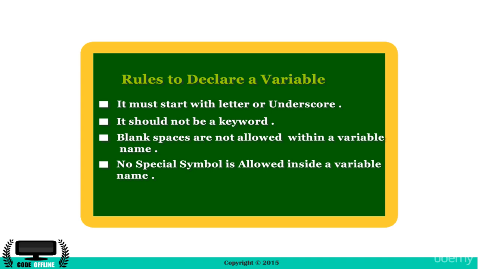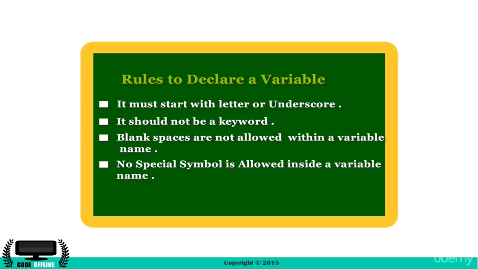There are certain rules to declare a variable. It must start with a letter or underscore. As we declared the variable a in the example, but you cannot declare a variable as 1 or 2. You have to start the declaration with a letter or an underscore, and after that continue typing the name. It should not be a keyword.